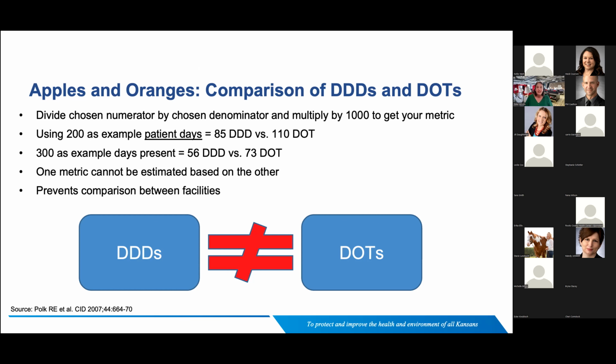But if one facility is using a DDD with admissions as the denominator, and the other is using DDDs with patient days as the denominator, even what someone is calling a DDD or a DOT may not be the same if you're not using the same numerator and method to calculate your denominator. So hopefully you're excited and want to compare some AU with your friends, but be mindful that each individual facility, whether they call it a DOT or a DDD, may have different methodology. So direct comparison, proceed with caution if you can. Next slide, please.